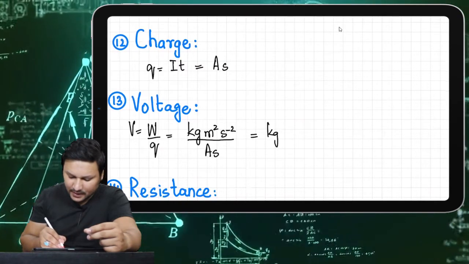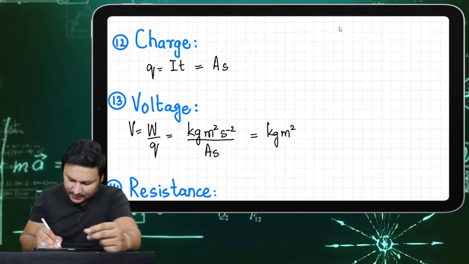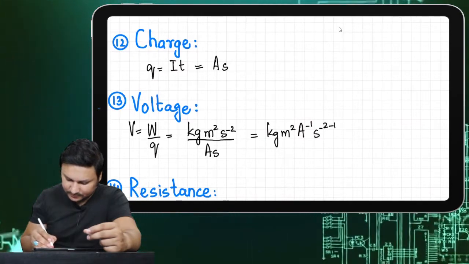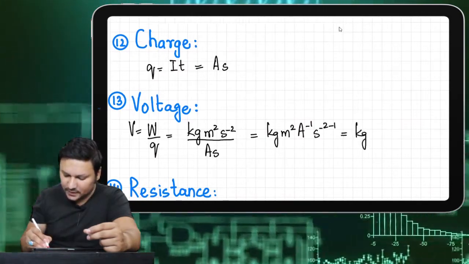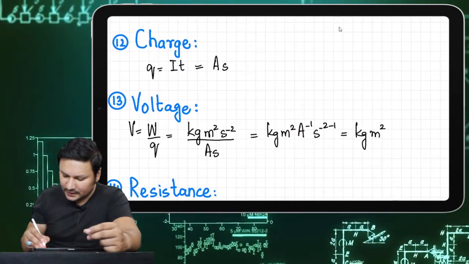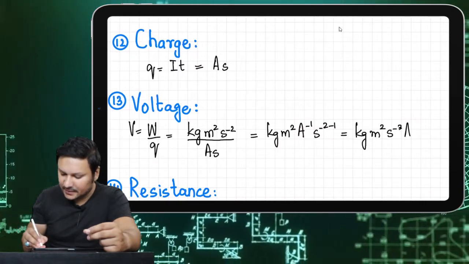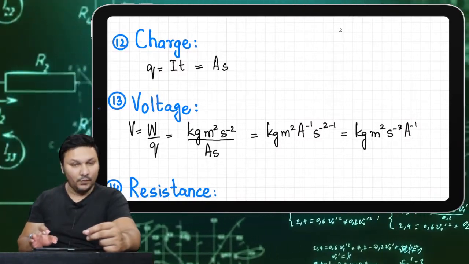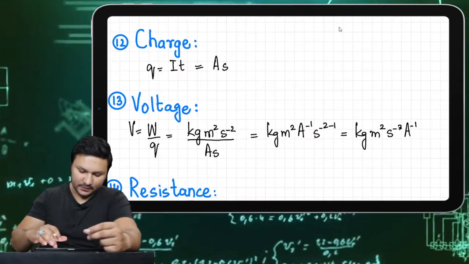So kilogram m square A minus 1 s minus 2 minus 1, which later becomes kilogram m square s minus 3 A minus 1. This is the base unit of voltage or potential difference.